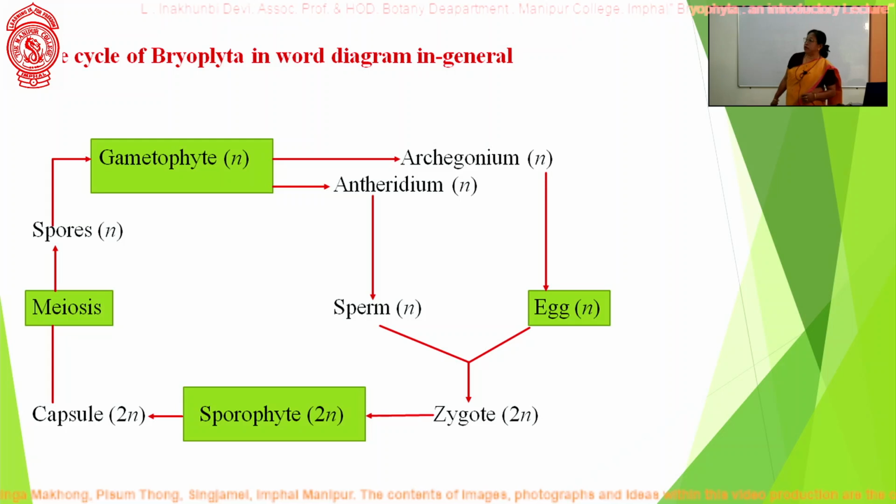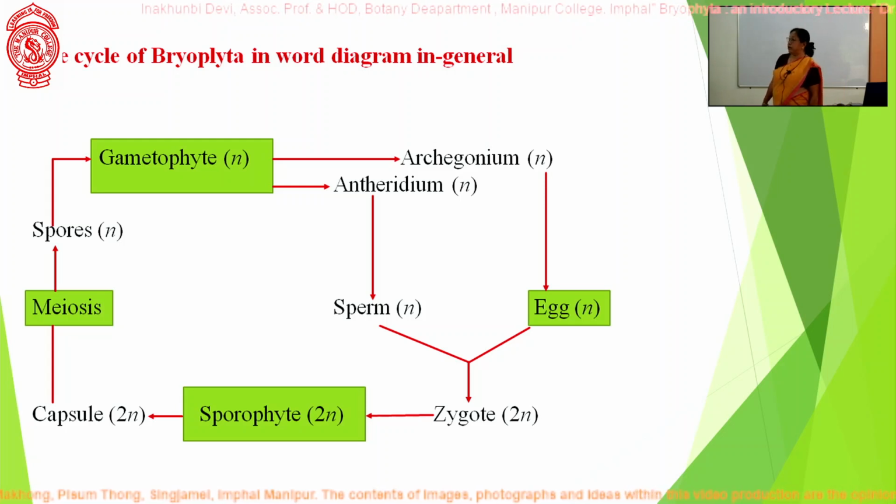And in short, the life cycle of Bryophyta in a word diagram is as follows.